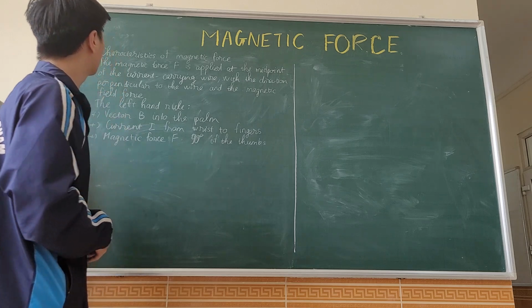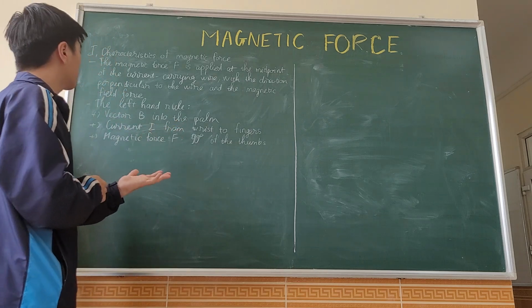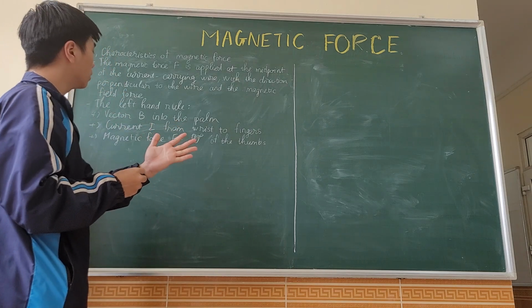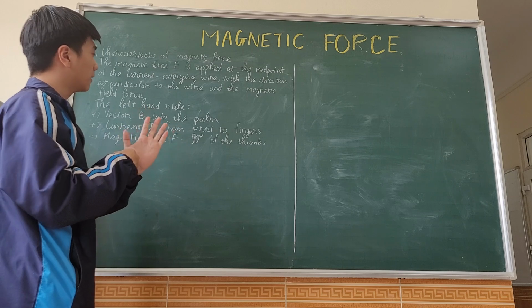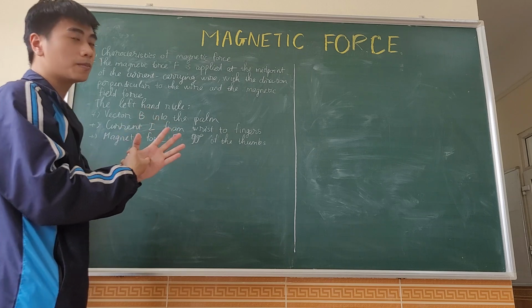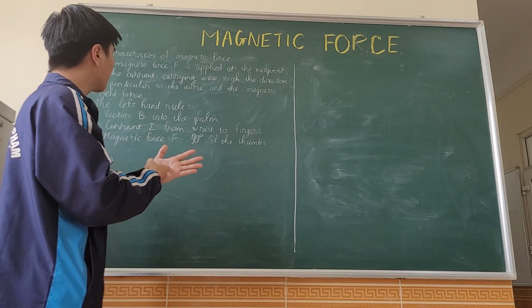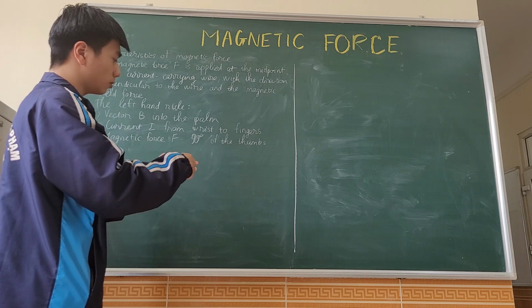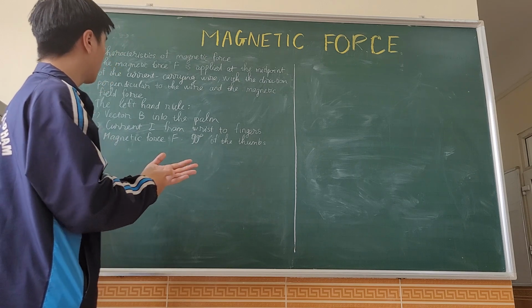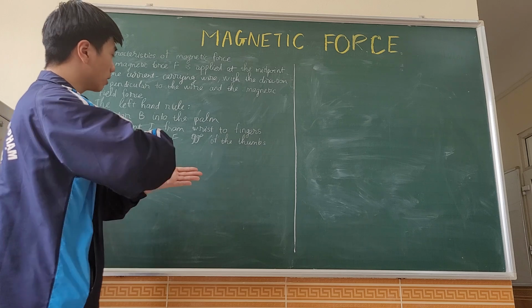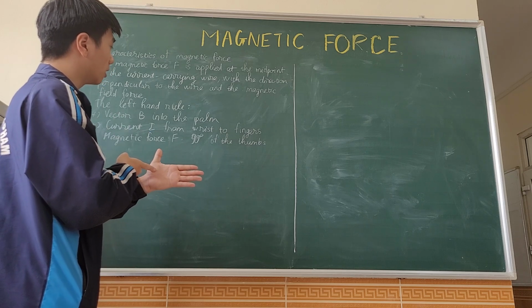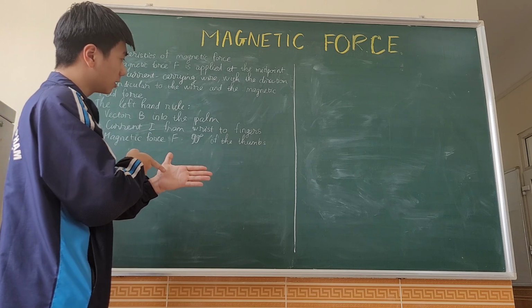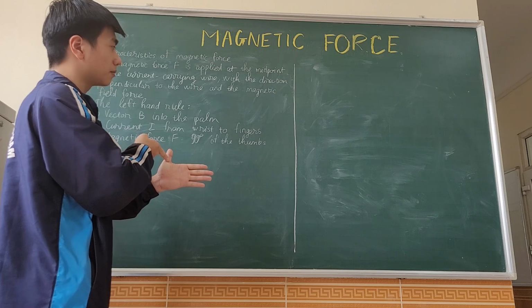So the left hand rule is demonstrated as the vector B will go perpendicular and straight into our palm. The current I will go in the direction from our wrist to the fingers, and the magnetic force F will go along the direction 90 degrees to the palm.